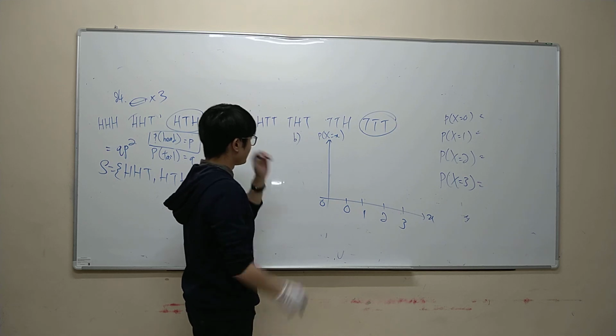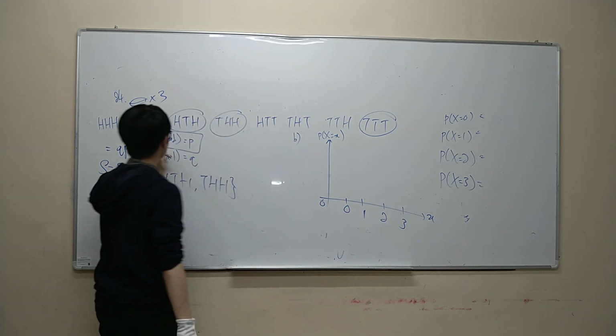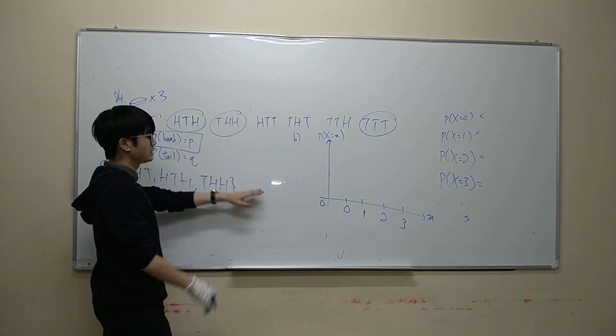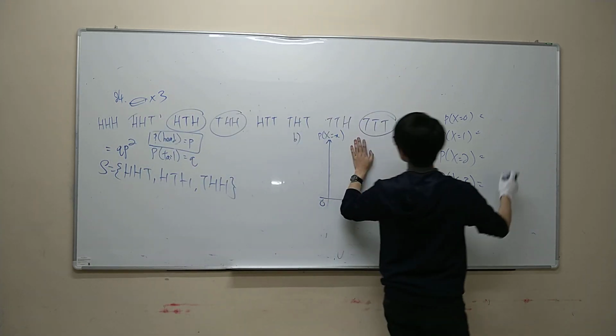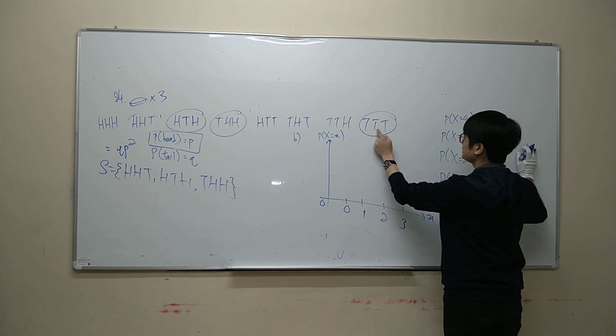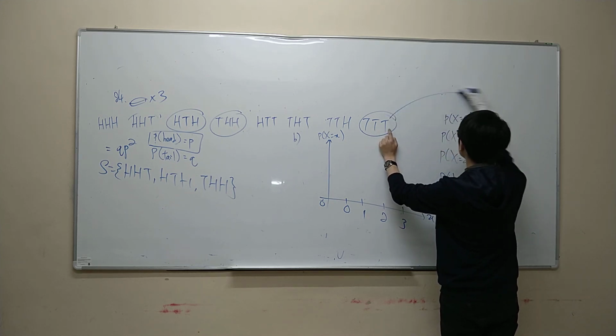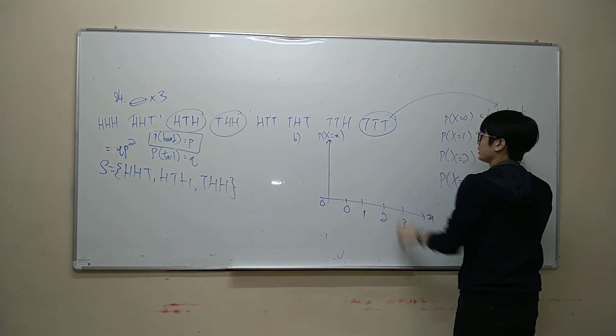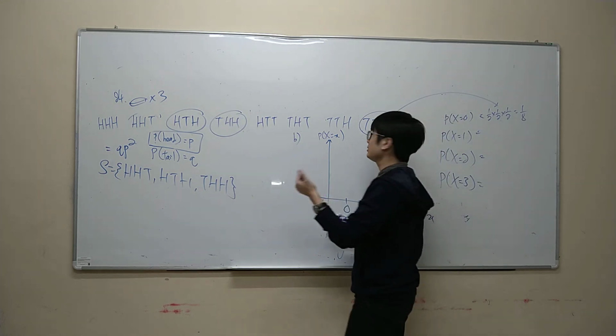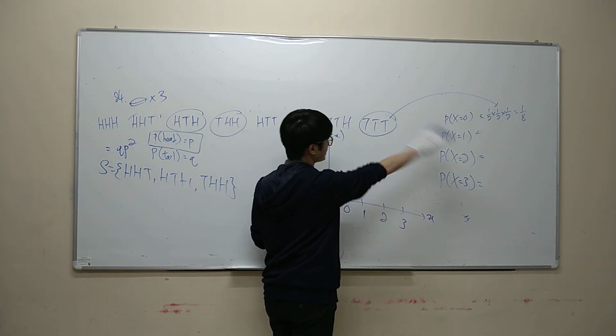Because no success means no head. P(X = 0) means all fail, and all fail means all tails. So the probability of all tails will be 1 over 2 times 1 over 2 times 1 over 2, so it's 1 over 8. Because the probability of tossing tail the first time is 1 over 2, so you just multiply.